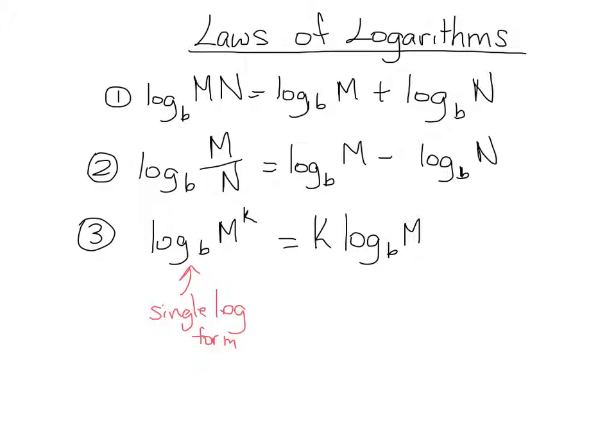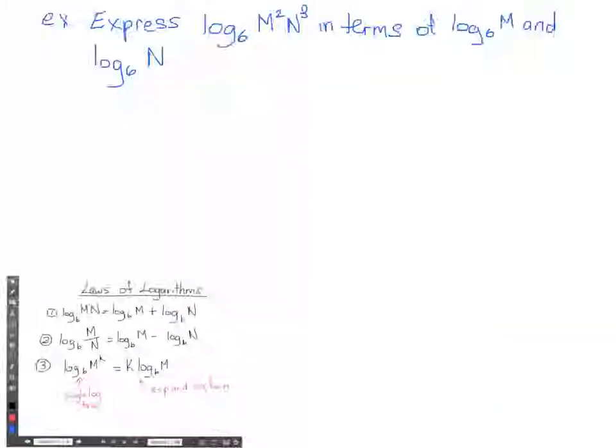And on the right, I call it our expanded log form. Again, it's just my name for it. Now, it's pretty helpful to be able to go back and forth from the single log to the expanded log form. This will help us to solve equations and problems later on. You'll see. So let's take a look at a few examples.